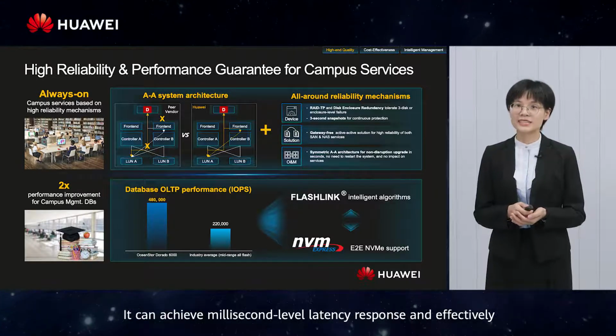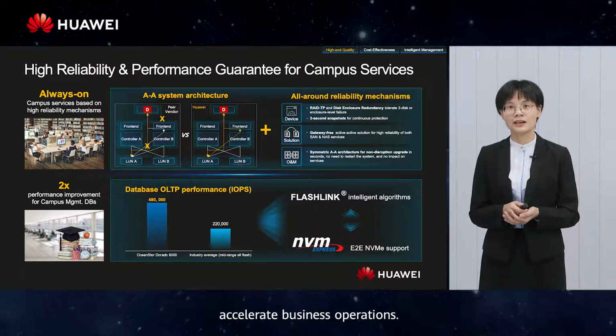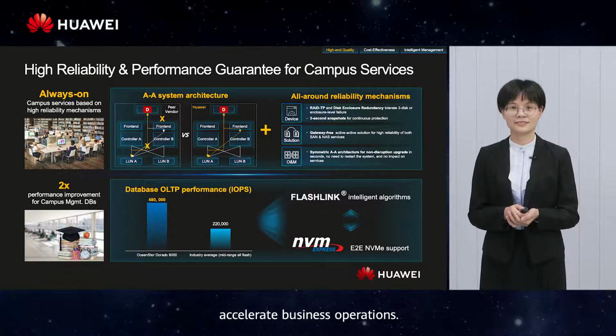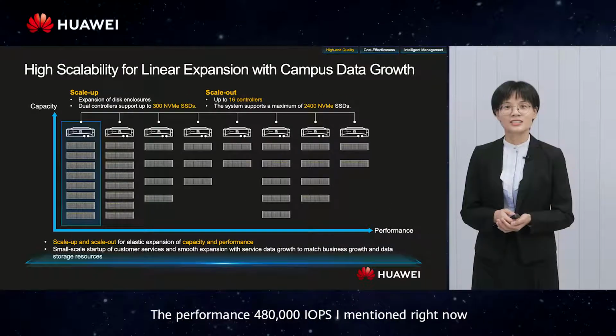It can achieve millisecond level latency response and effectively accelerate business operations. Not only that, the mid-range all-flash storage can scale up and scale out, which can flexibly meet large capacity and high performance expansion.